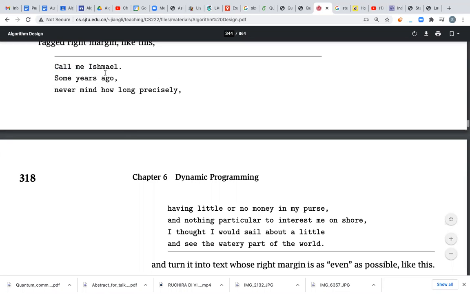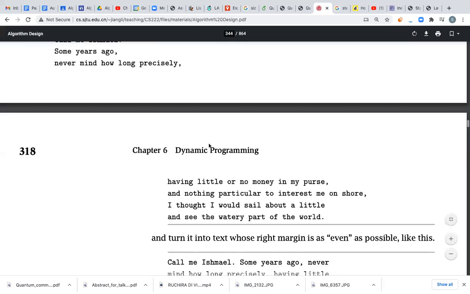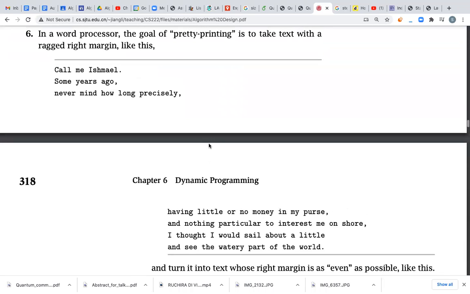And the next, with a dot, is 8 letters, and so on. So you will be given a set of w_i, the length of each of the words, and your goal is to put partitions inside.